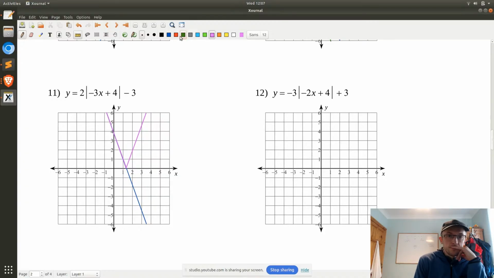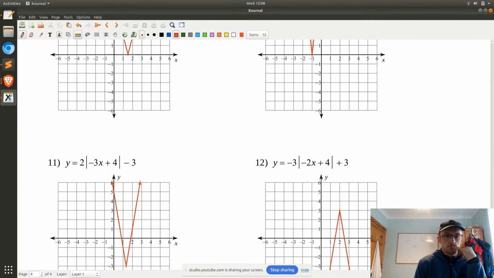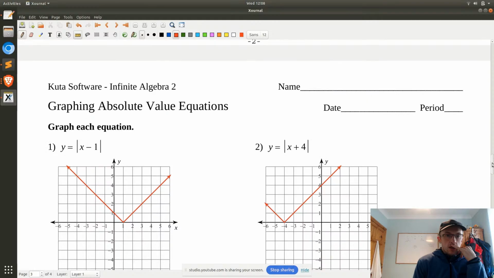And then double it. And then like take away 3. So something like that. Okay.